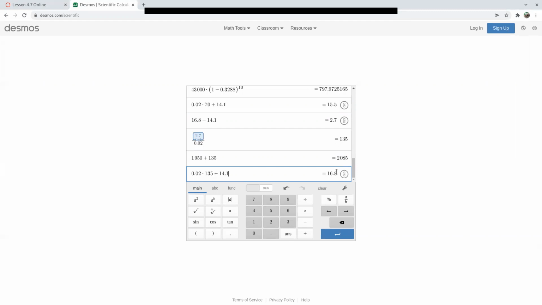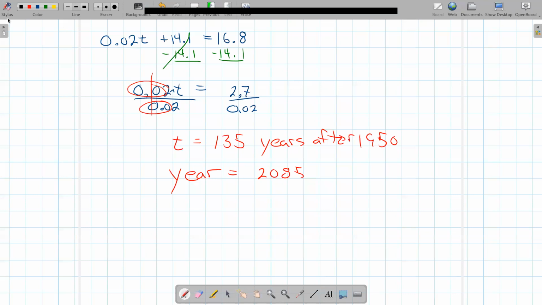So again, what did I just do there? I'm checking to see if the 135 is actually correct. So is this right here? Question mark. I plugged it back in for t here to check. So whenever I can, I like to check. What happens if I take 0.02 times 135 and add that 14.1?